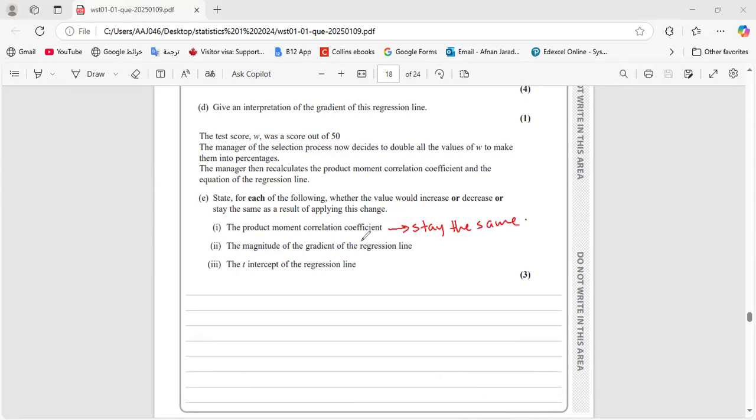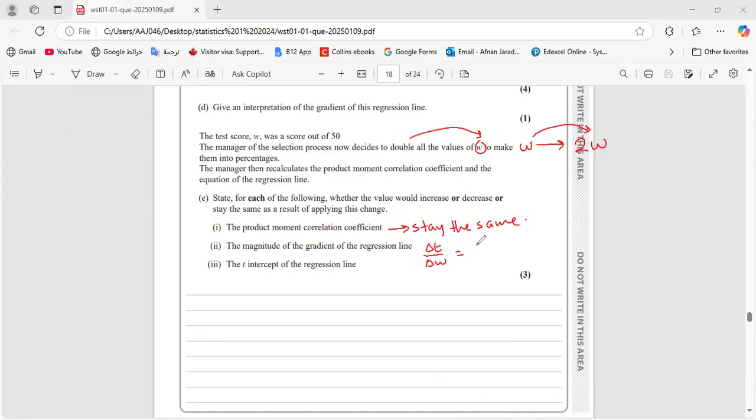The second one, which is the magnitude of the gradient of the regression line. You know that the gradient is delta T over delta W. The manager multiplies only W, doubles the value of W. So W now is 2W.